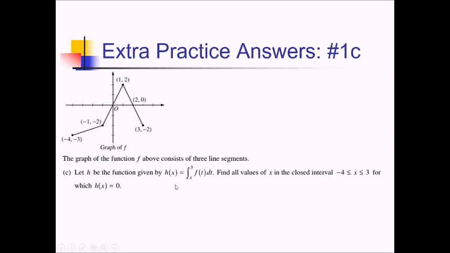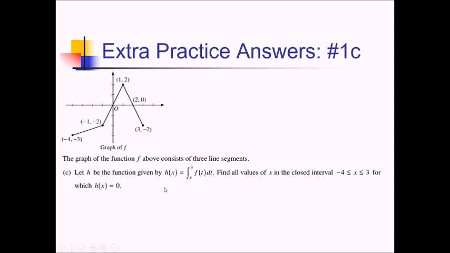On this part of the problem, this one's a little bit tricky. They're giving us the h function, which is the integral from x to 3 of f of t dt. So kind of like the g function, but a little bit different with those limits of integration. Notice that the x now is in the lower limit of integration. Anyway, they want us to find all x values between -4 and 3, where h of x equals 0.